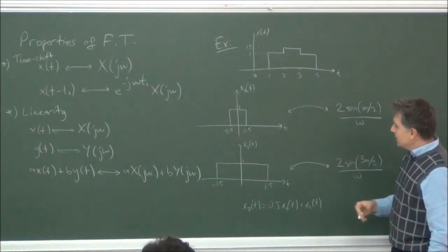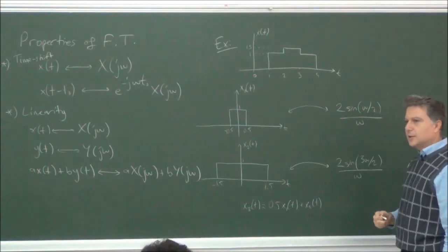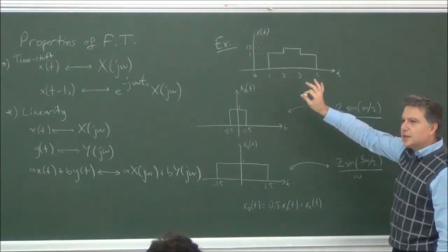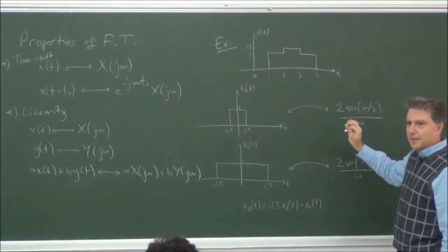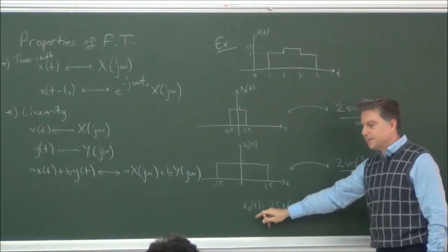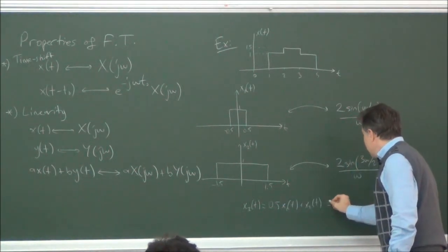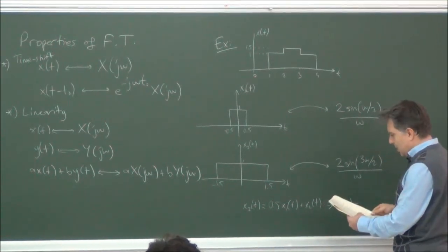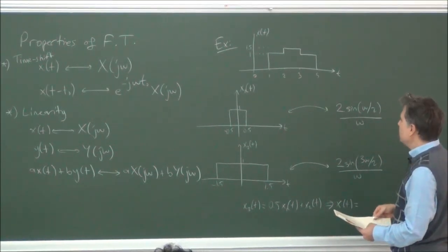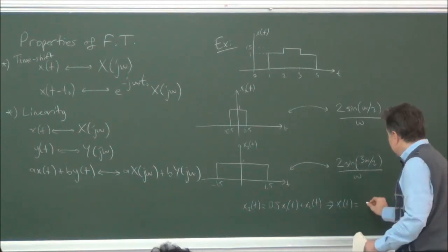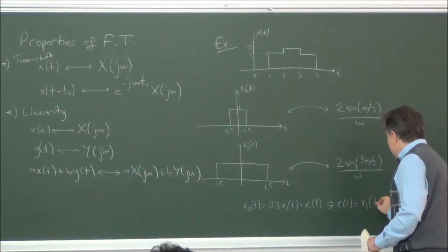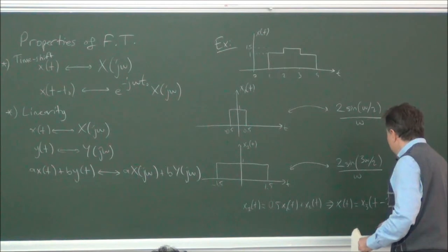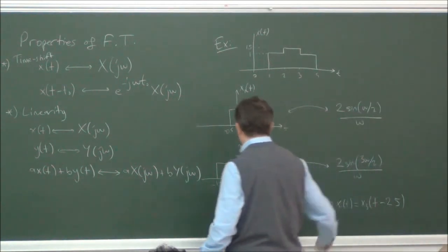Of course, it's not the signal that we are looking for. Our x of t is a version of x3 shifted towards the right. How much shift does it correspond to? 2.5, right? x3 of t minus 2.5. That is our signal.